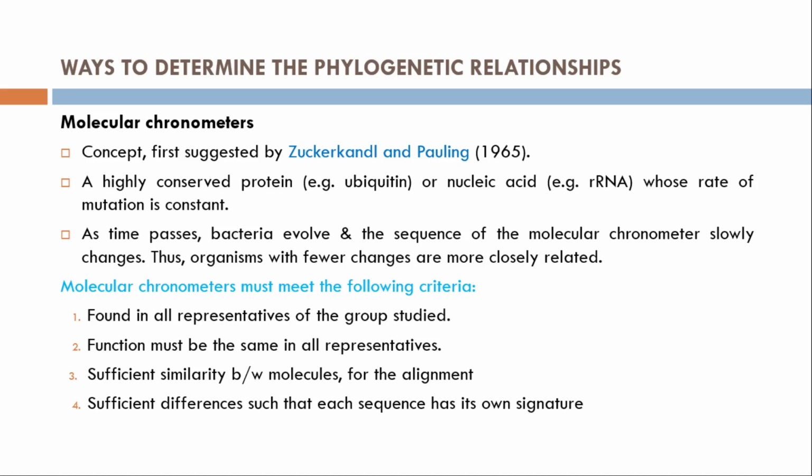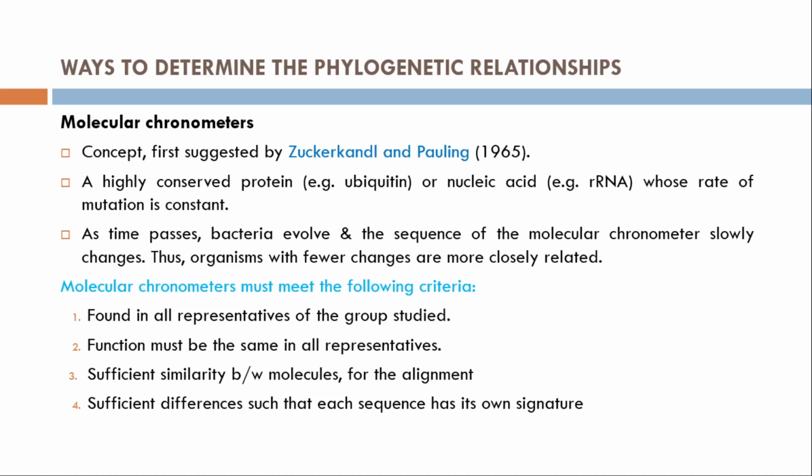Say, for example, you want to study the phylogenetic relationship among 50 organisms. The primary requirement, first of all, is that you should have the whole genome of all the 50 organisms, which is currently not possible in our public domain databases.